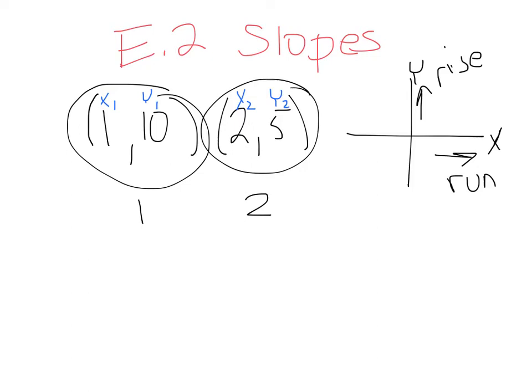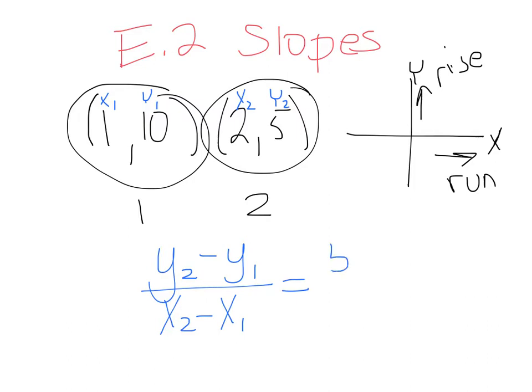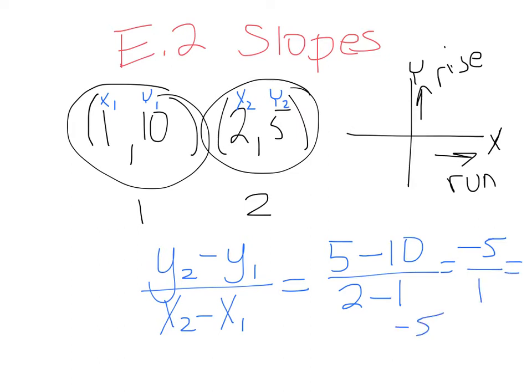Okay, now here's a formula: y2 minus y1 over x2 minus x1. And that is 5 minus 10 over 2 minus 1. 5 minus 10 is -5. 2 minus 1 is 1, giving us a -5 slope, which means at this point would drop down 5 for every 1 it goes to the right.